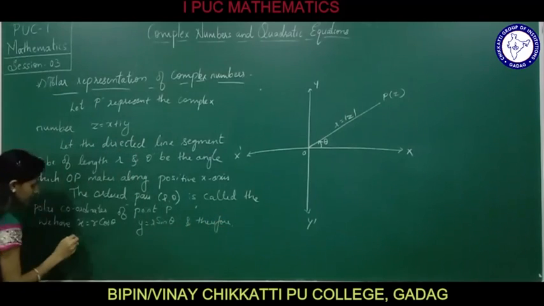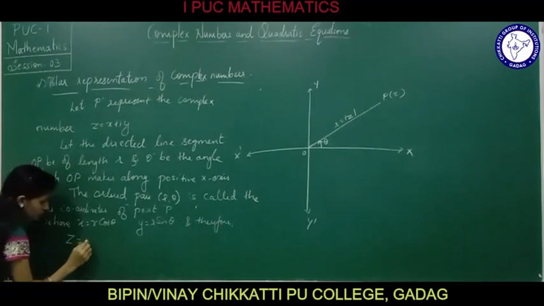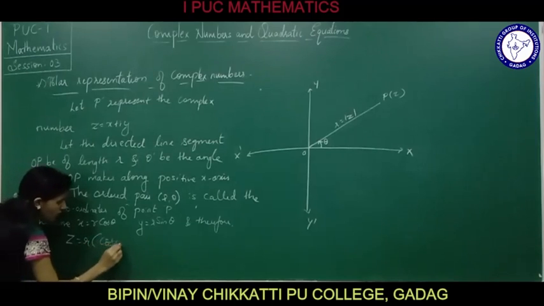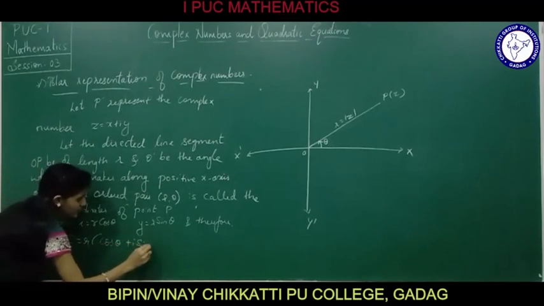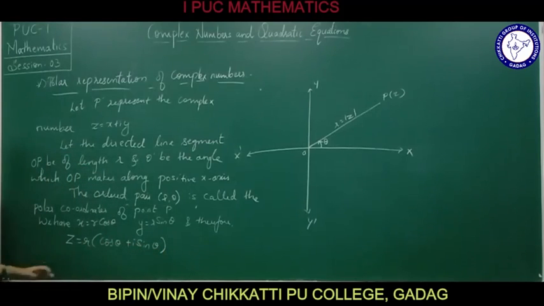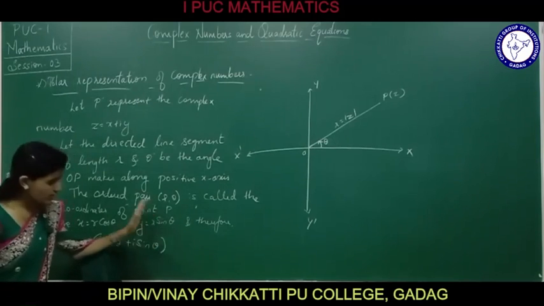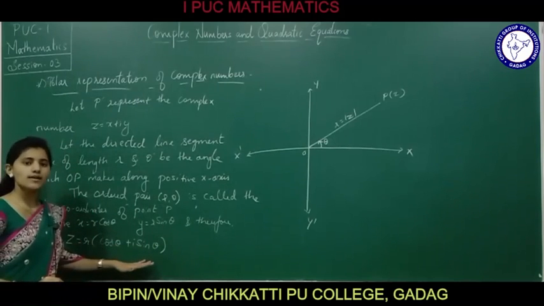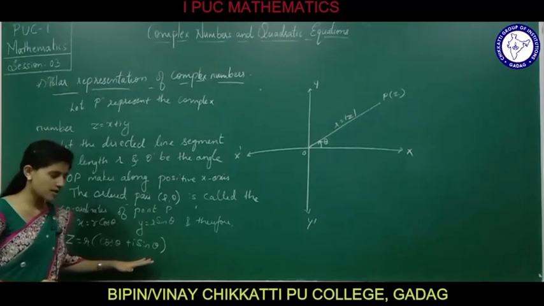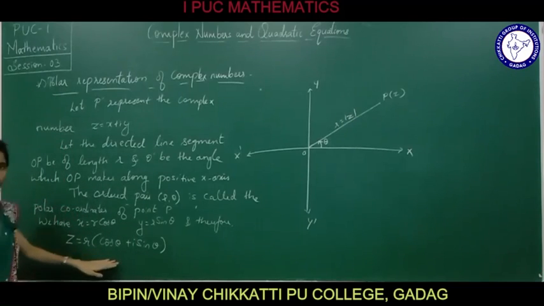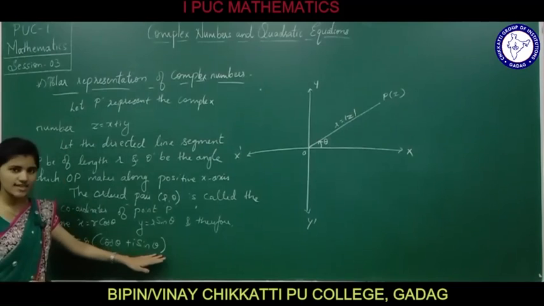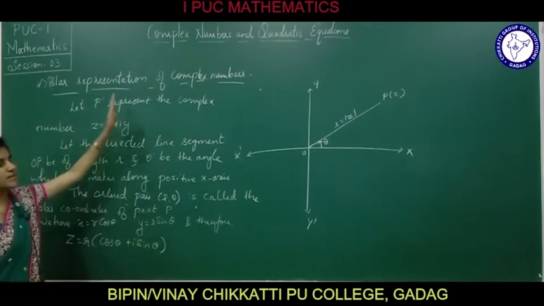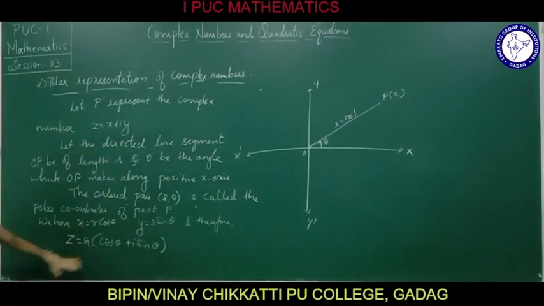Therefore z will be equal to r into cos theta plus i into sin theta. This is actually called the polar representation of the complex number.